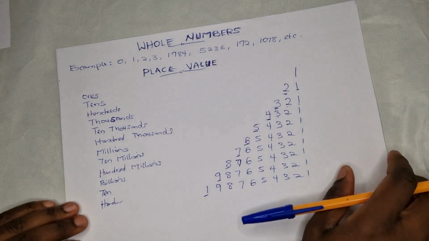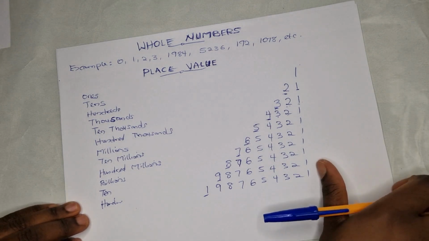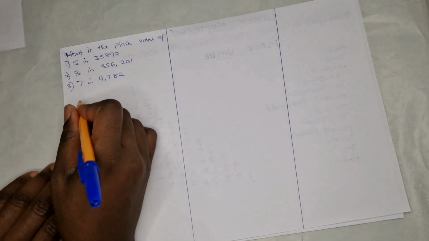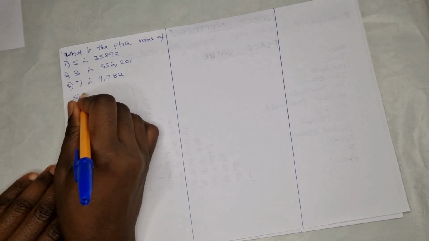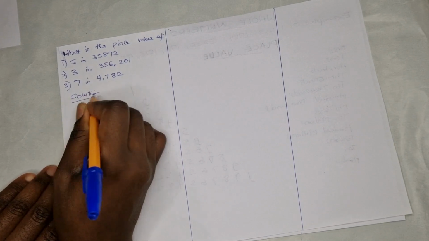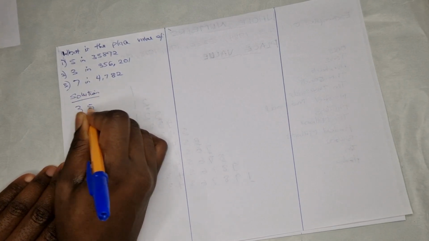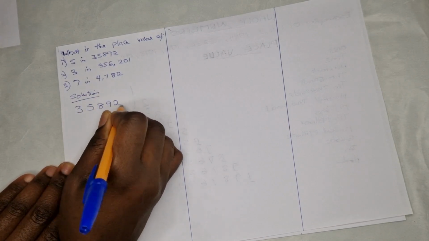So now let's find the place value of some digits in a given number. For the first one, we want to find the place value of 5 in 35892.